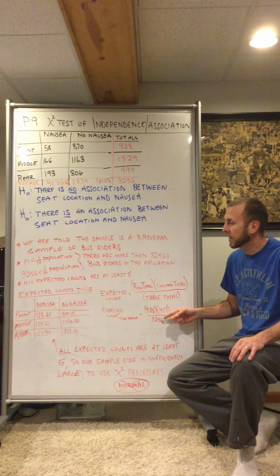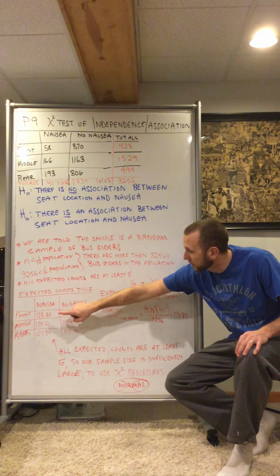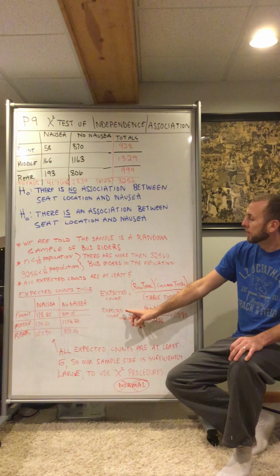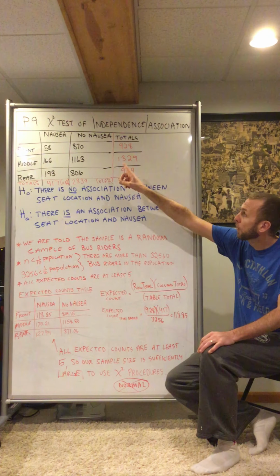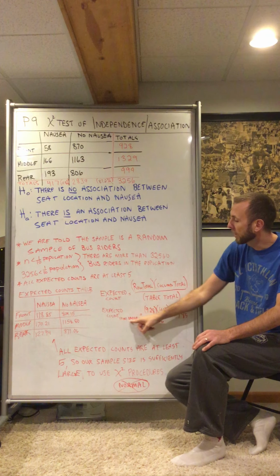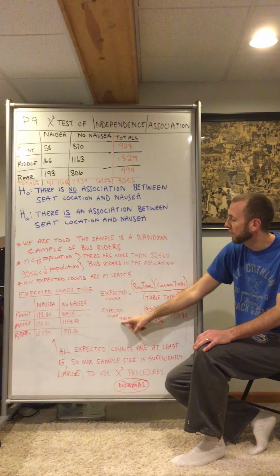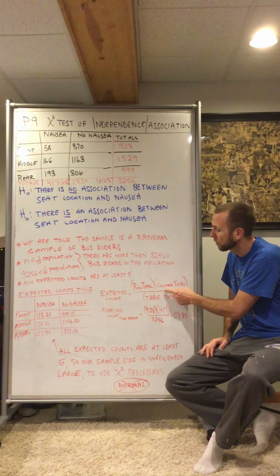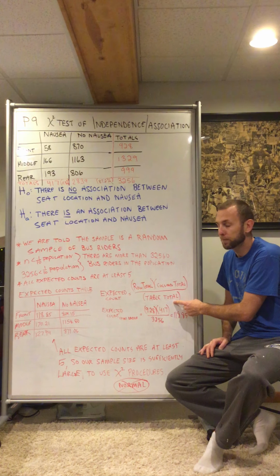I've done one example for us. So this first cell, here are the expected counts. I already calculated them all. But the first cell, which is the upper left-hand cell, the front nausea cell, if we were to calculate the expected counts in the front nausea cell, we're going to take the row total times the column total divided by the table total.